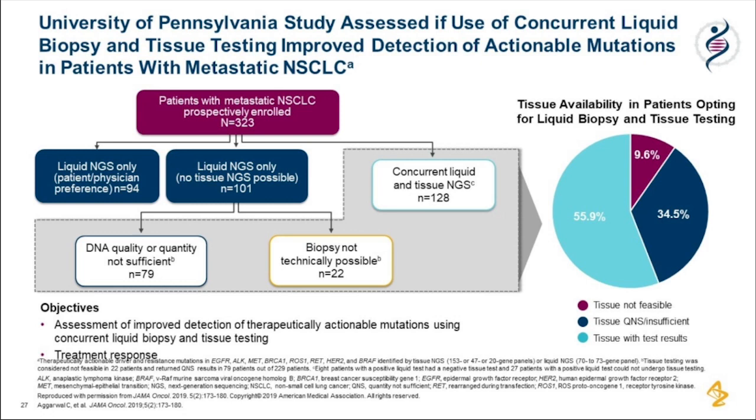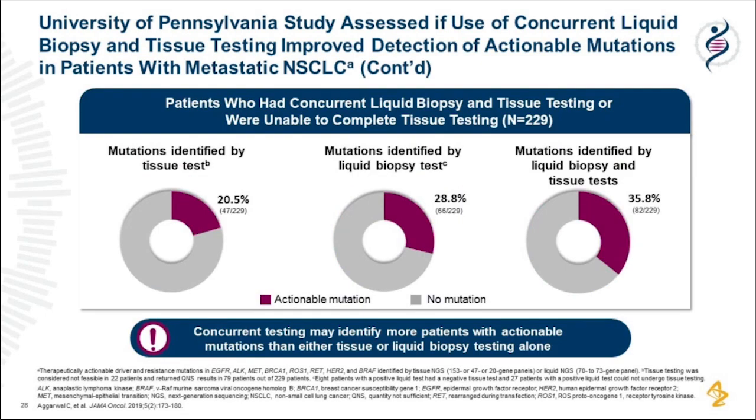So then when we look at the outcomes here, for those patients who had concurrent testing in this University of Pennsylvania study, when we look at mutations identified by the tissue test, you've got a little over 20%. Mutations identified by liquid or by plasma was almost 29%. And then when you look at that group, which had both liquid or plasma and tissue, we're almost at 36%.